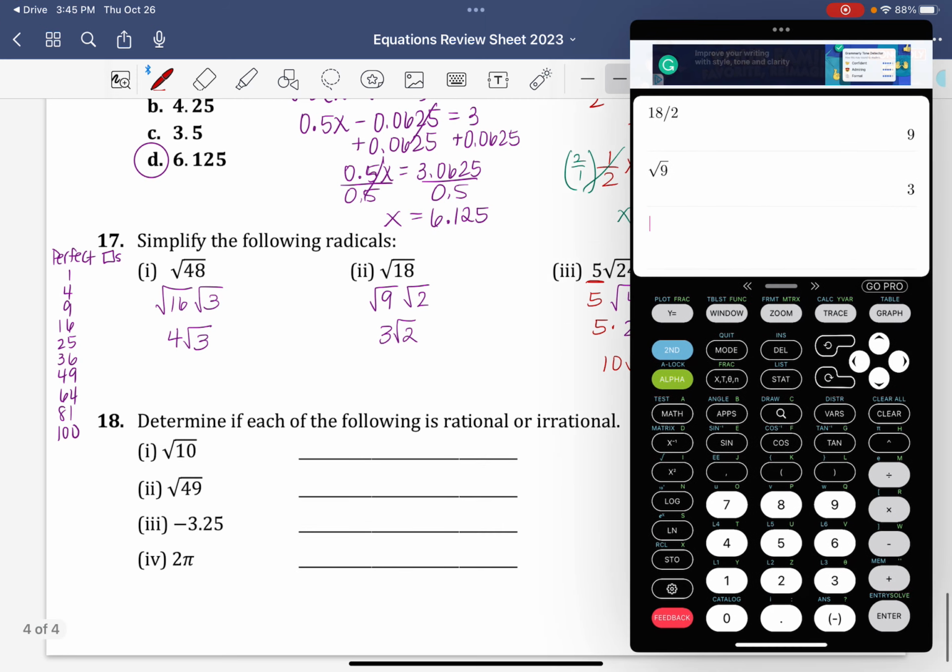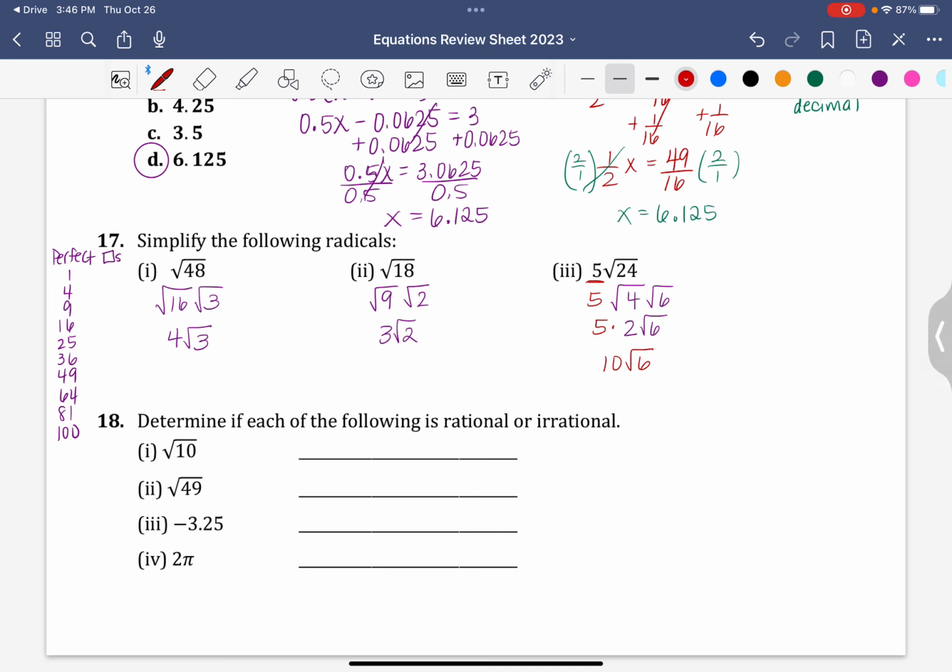All right, so rational and irrational numbers. A rational number can be expressed as a fraction, so it's going to be a decimal that ends or repeats. So we'll also say the decimal terminates sometimes, or the decimal repeats.